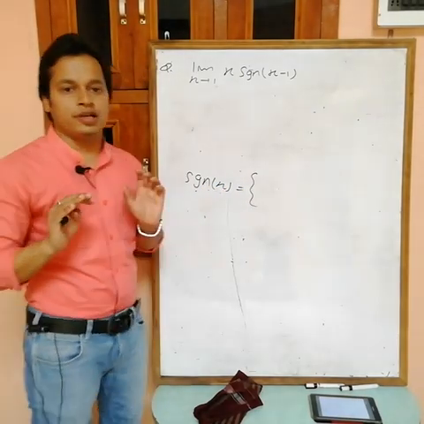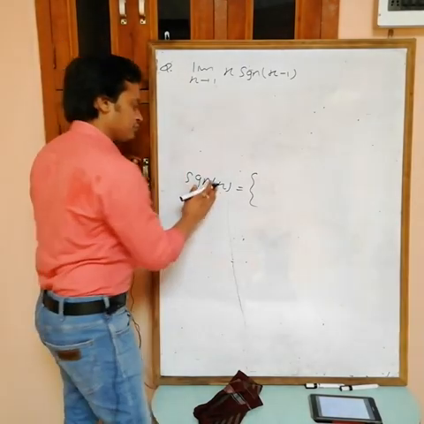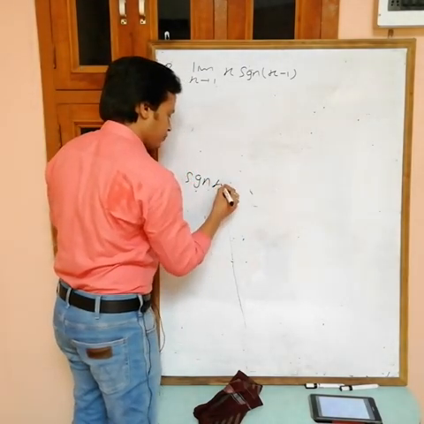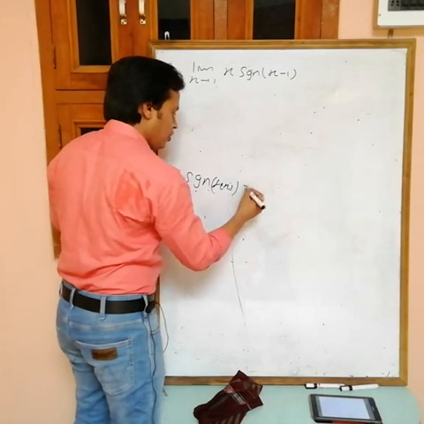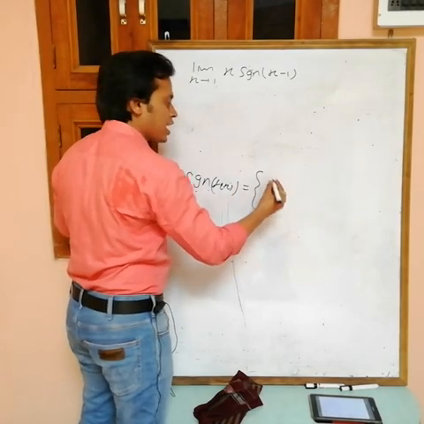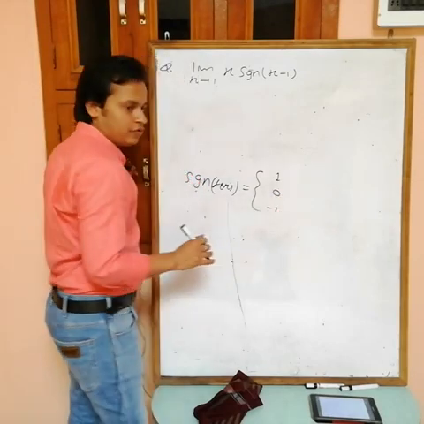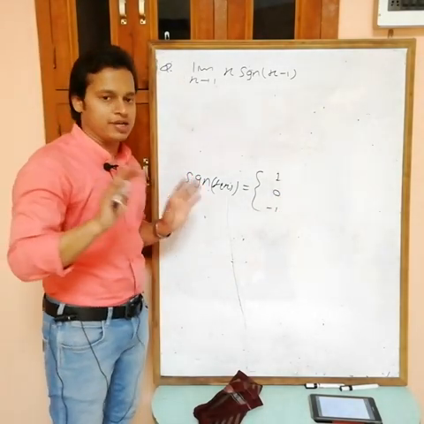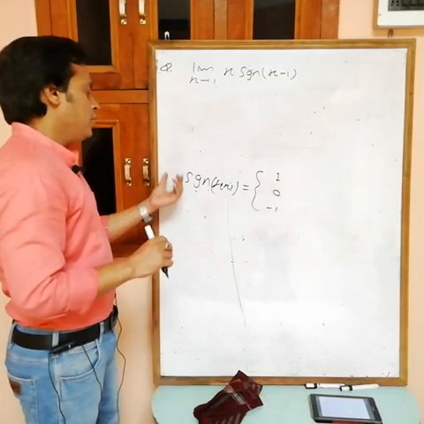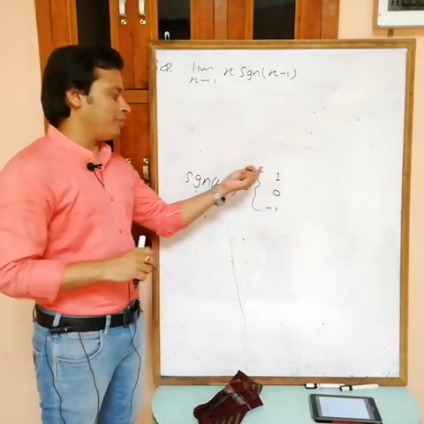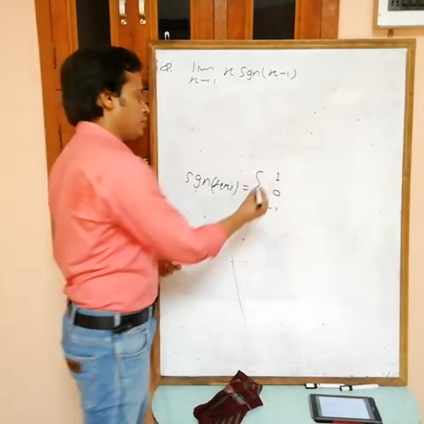We have 3 values of the signum function. The value of the signum function is either plus 1 or 0 or minus 1. Always only 3 values.